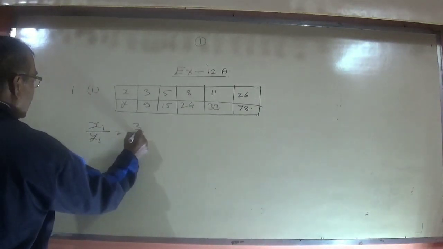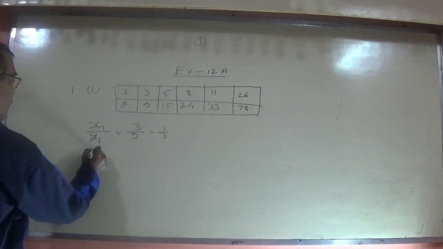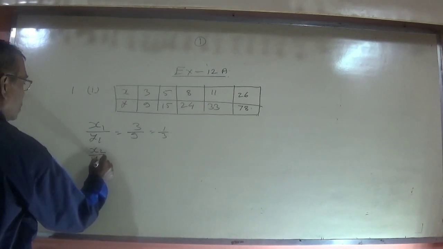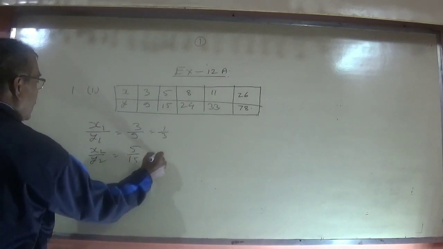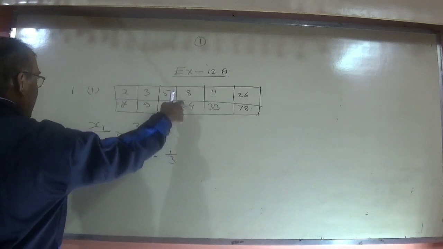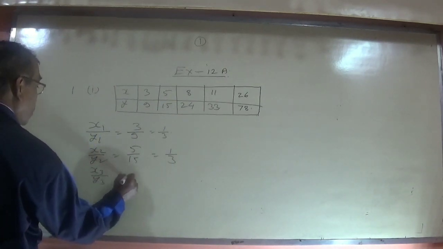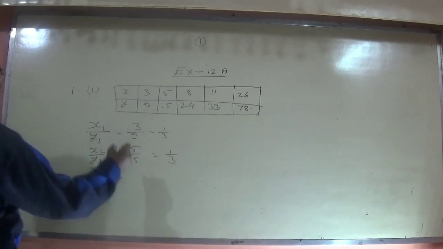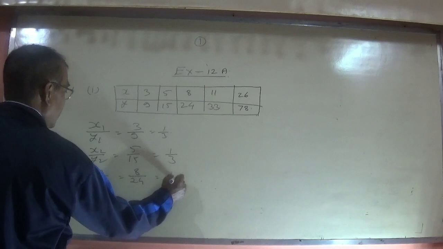How much is it? 3 by 9, which is equal to 1 by 3. Then find x2 by y2. What is that? 5 by 15. Again it is coming 1 by 3. Then x3 by y3, which is 8 by 24, which is equal to 1 by 3.